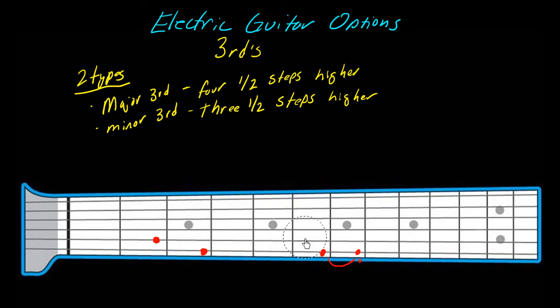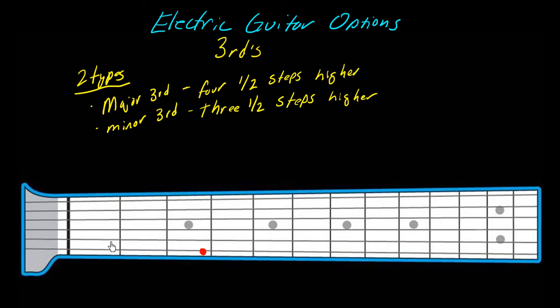Now let me erase this because we don't need that anymore. So this relationship, here's the root and here's the third. This relationship, 1 fret apart, is a major third. So if that's that, a minor third would be 1 less step.